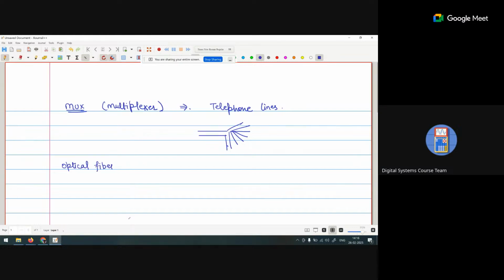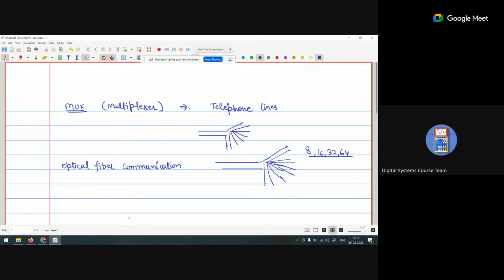So if we have optical fiber communication, one optical fiber will be coming. After this one optical fiber, we distribute or connect multiple users. This may be 8 users, or 16 users, or 32 users, or 64 users, as per our requirement, our bandwidth, our utilization.